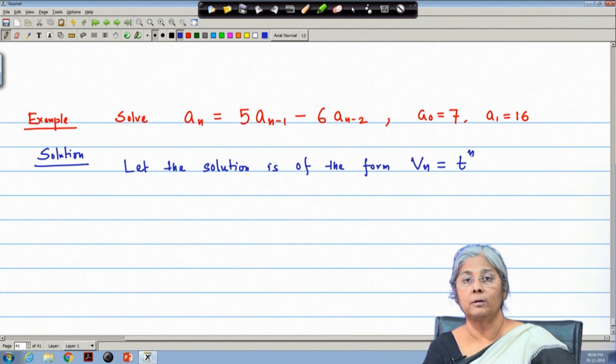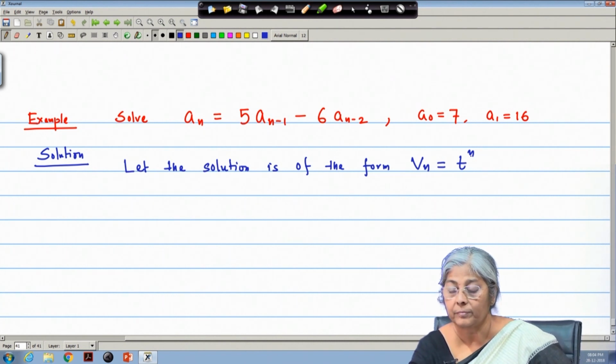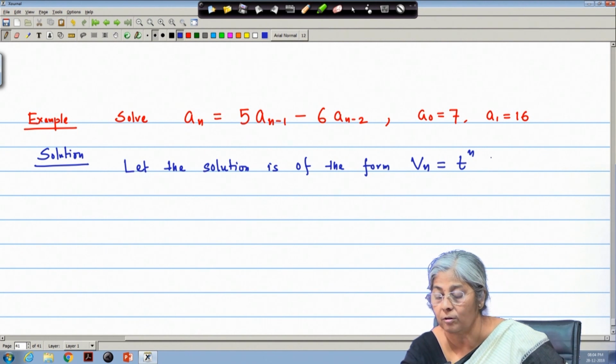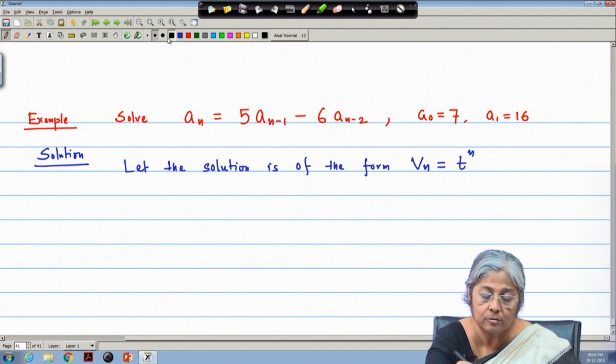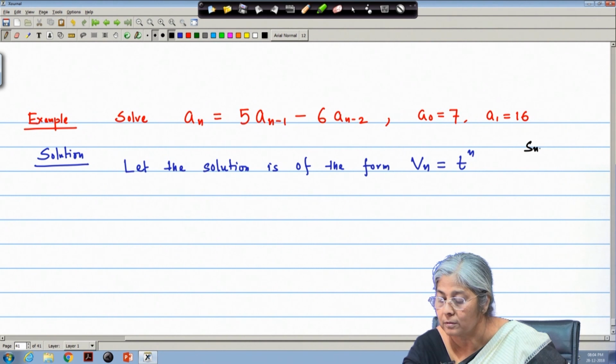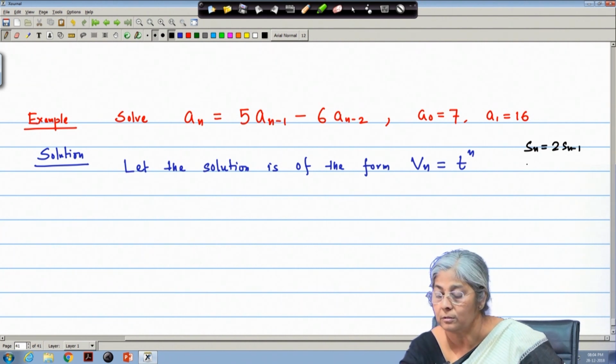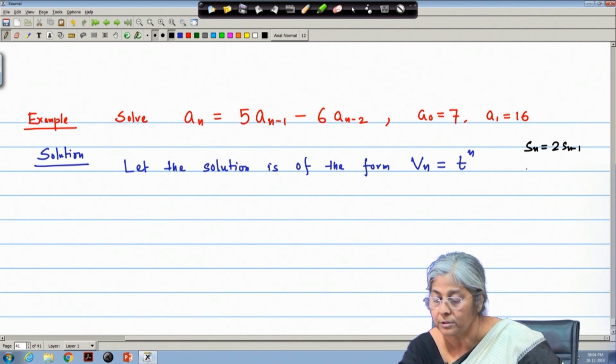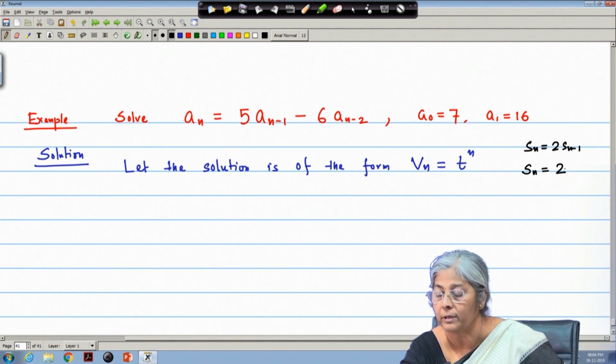If we remember the recurrence relation Sn equal to 2Sn minus 1, we got the solution Sn equal to 2 to the power n.